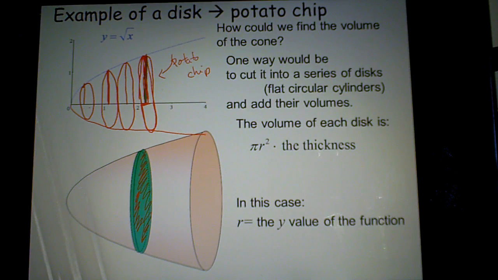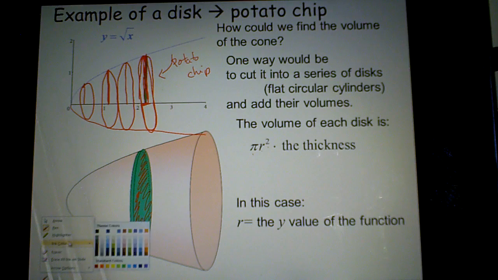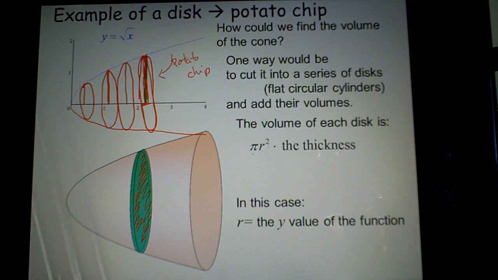So I have an infinite number of these cylinders, and the area of which, of course, is pi r squared. But r is the y value of the function. Right? From the x-axis up to the square root of x.